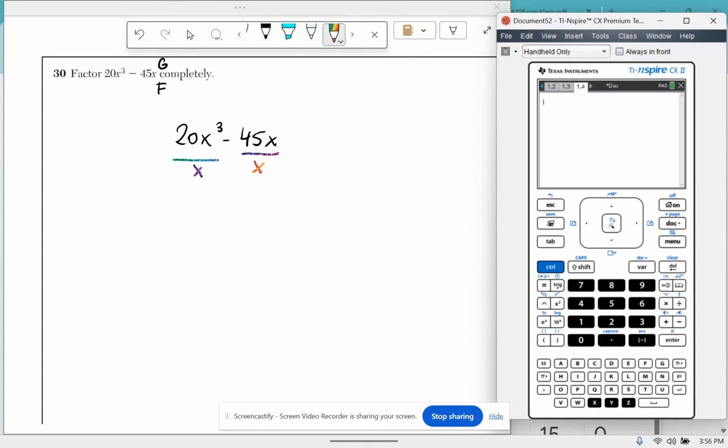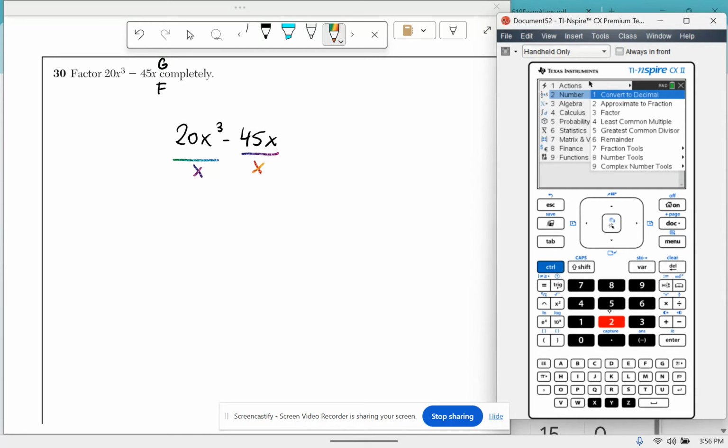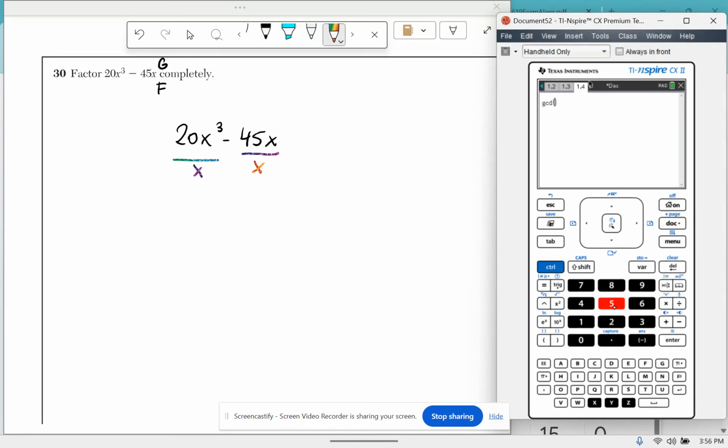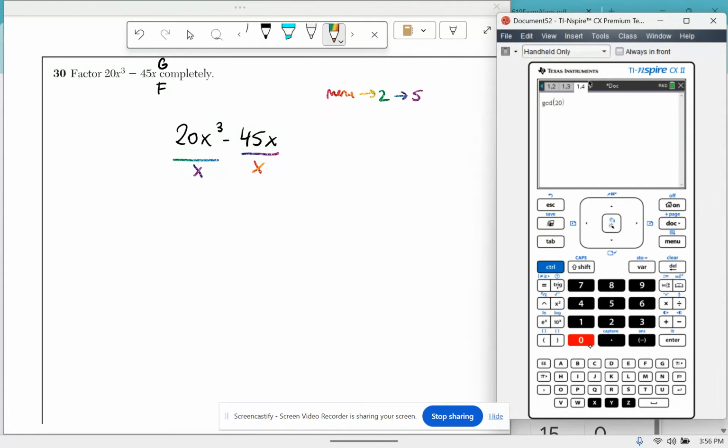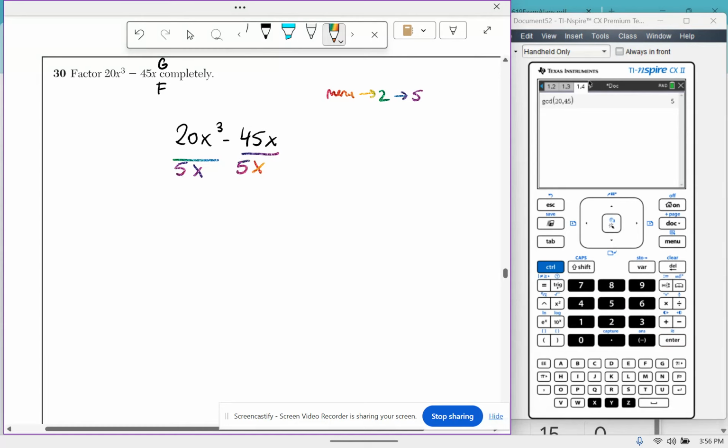If you're not sure what the GCF of two numbers is, you can go to a calculator page, hit menu, 2 for number, 5 for GCD. So menu, 2, 5. I'm trying to find the greatest common divisor of 20 and 45. That means the GCF pretty much. And it's 5. So now my GCF is not just a plain old x, but it's a 5x.